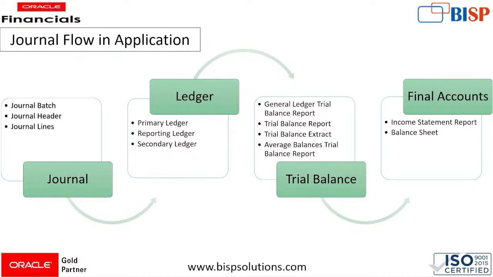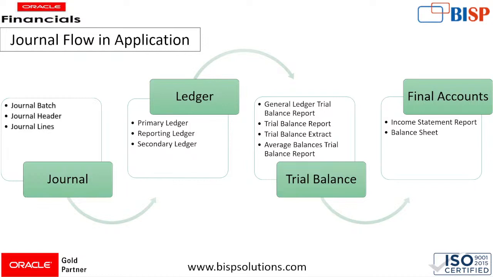If you want to use a single currency, there is an option in the specific ledger options, a checkbox, so you can enter only in the functional currency. Say if you have a US functional currency, then you can enter only US currency. You can't enter different currencies in those journals, right? But I have not checked that option.